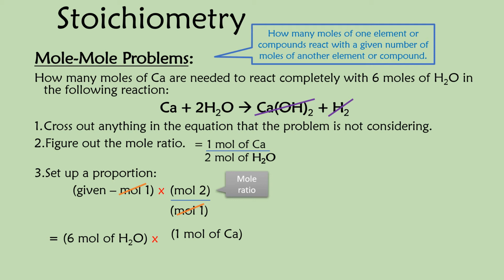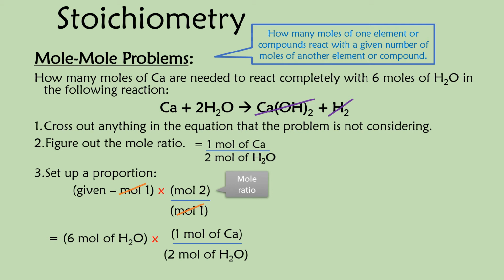The question is asking for the moles of calcium, so I want my answer in moles of calcium. So I put that on the top and then I put the 2 moles of water at the bottom. Once again, where did I get those 1 mole of calcium and 2 moles of water from? From the mole ratio that we figured out using the equation.